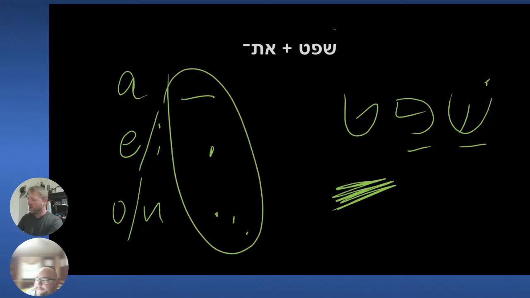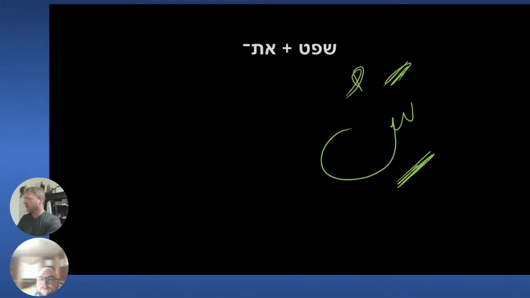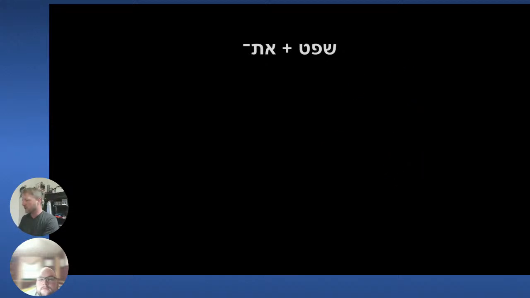Why? For the simple fact that in Arabic, if this is our shin, we have a, e, and u. That's really the reason, because in Arabic we only have three vowels, and so we assume that Hebrew also had that situation, and the vowels modified into other qualities.